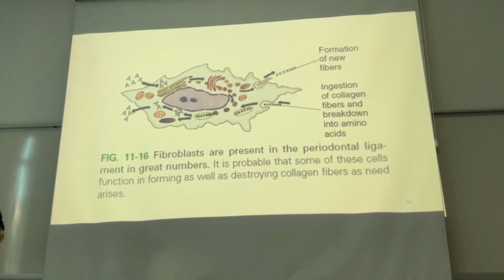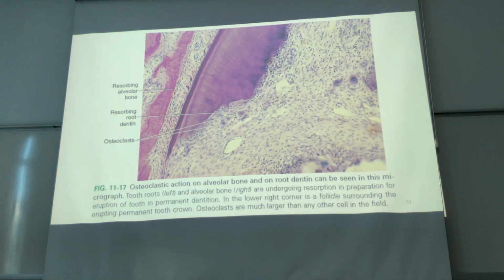Here you can see a schematic drawing of a fibroblast, and you can see the secretion of fibers and exocytosis from the cell. This is a section of the root part of the tooth, and you can see the alveolar bone, resorptive alveolar bone.